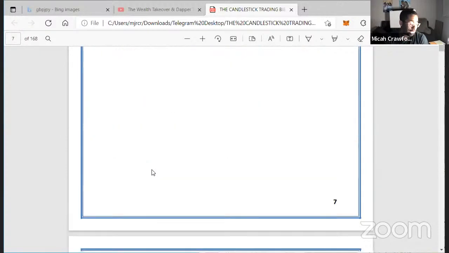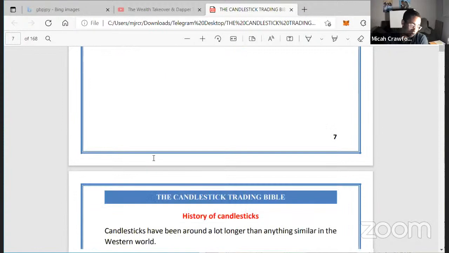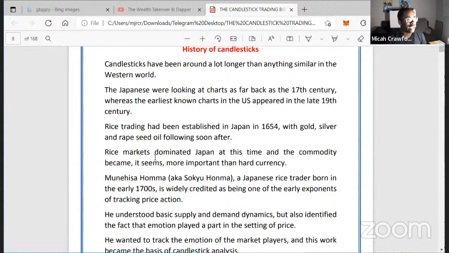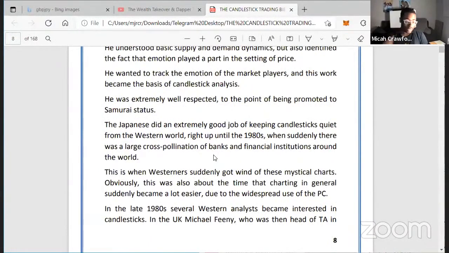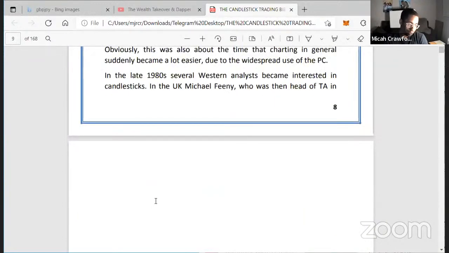By the way, this is a great resource. I highly recommend. We are going to be kind of going over some stuff from the Candlestick Bible. I don't use every candlestick pattern. I like paying attention to the engulfing candlestick patterns. So that's actually one of my favorite candlestick patterns.